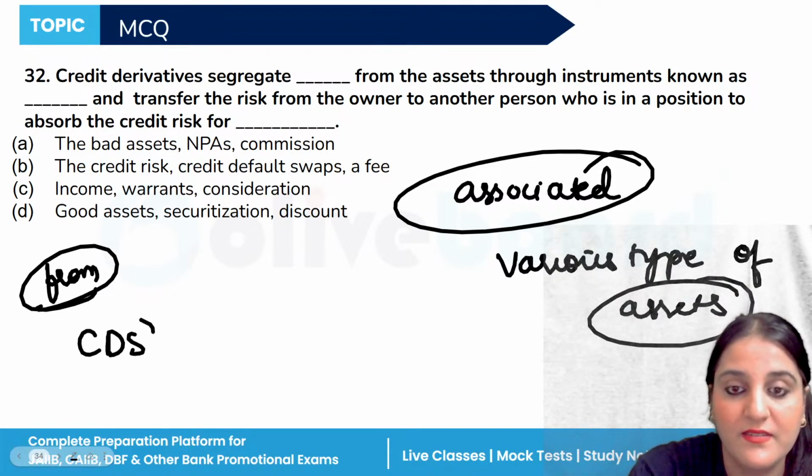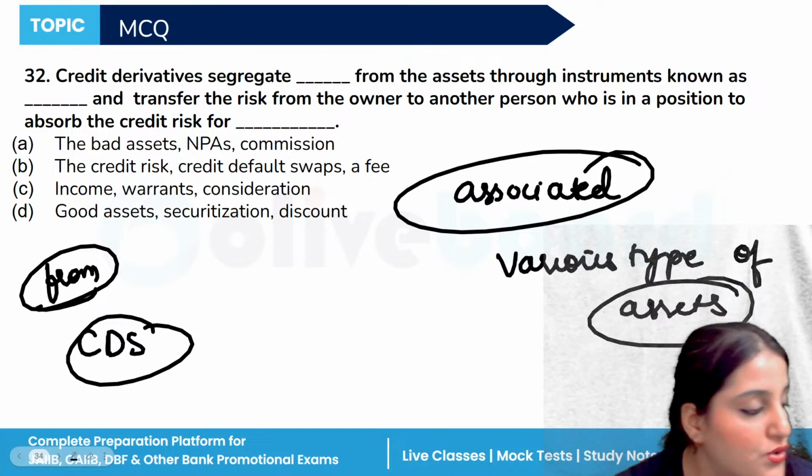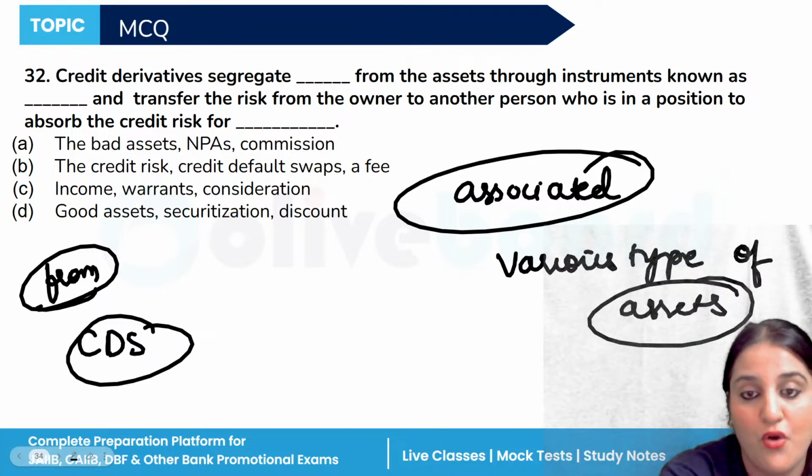Now CDS, one of the most common terms, is credit default swap.